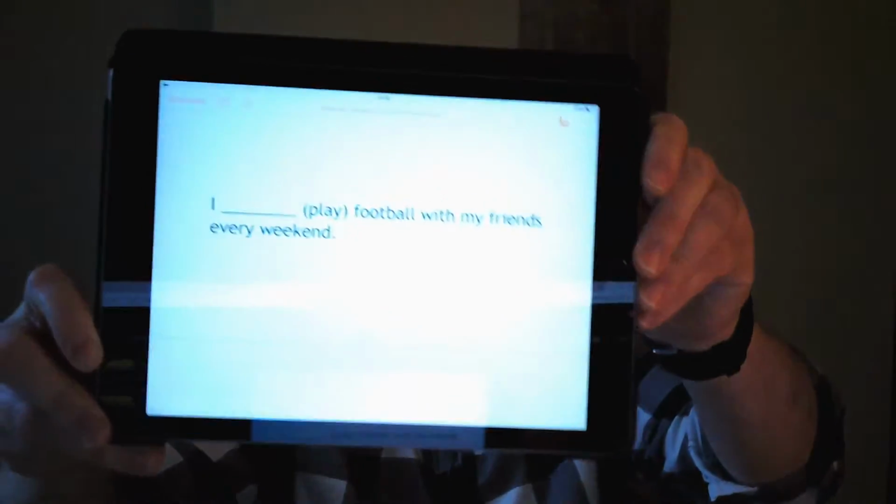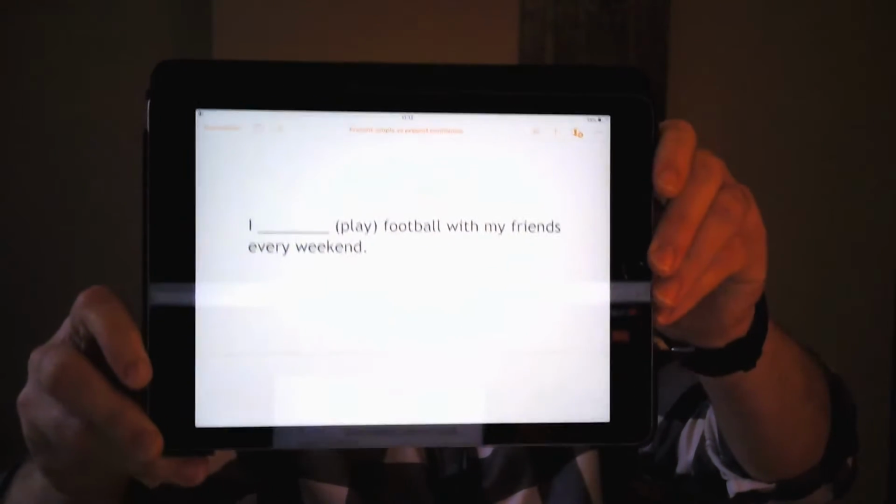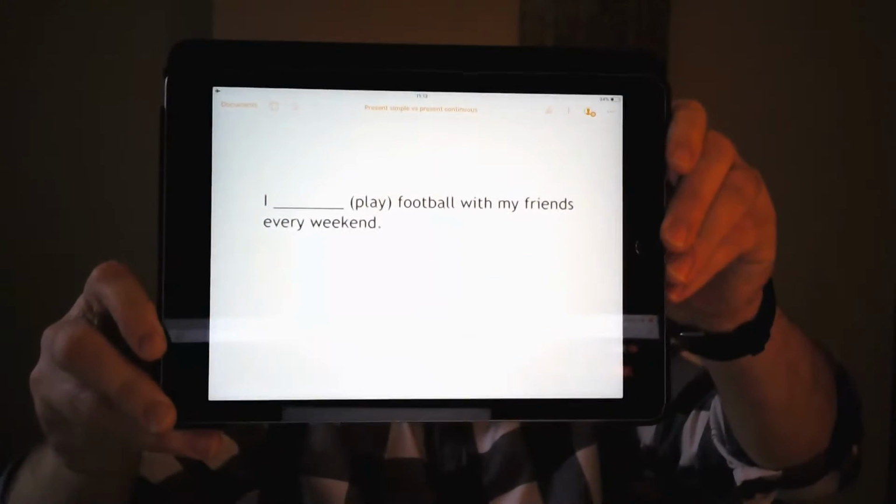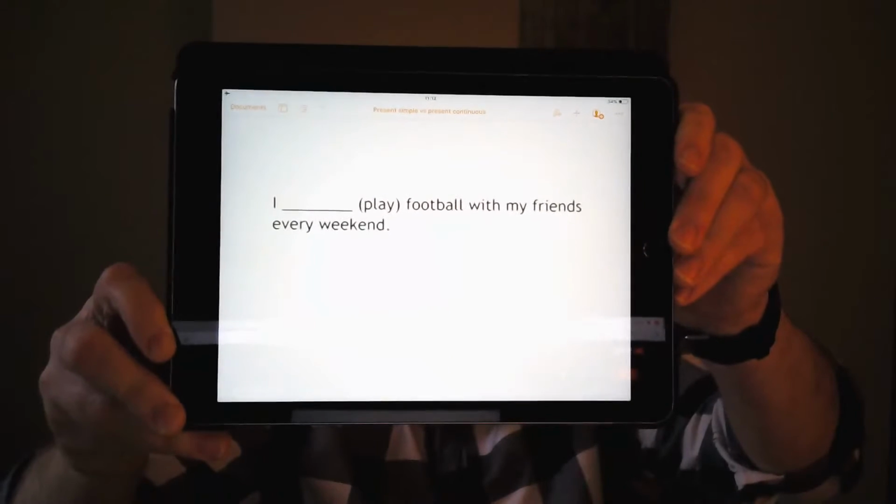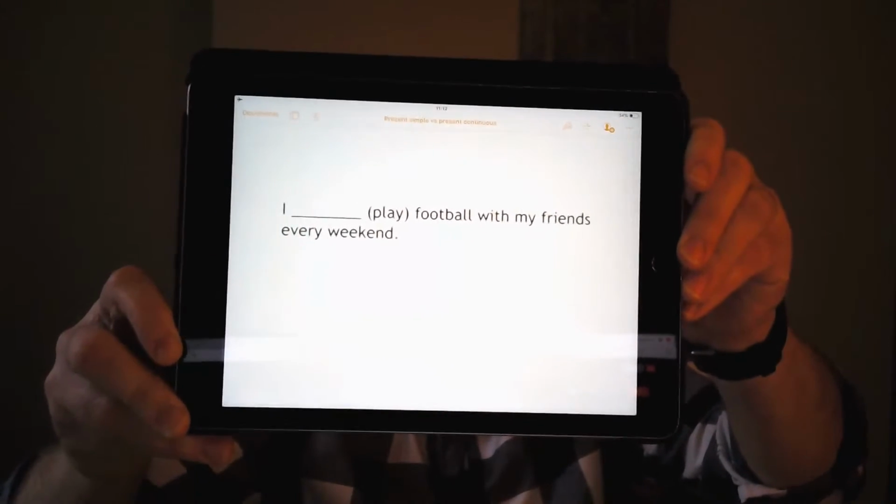Okay. Next sentence. I, space, and the verb is play, football with my friends every weekend. Okay, so if we compare this to the first sentence where we were talking about just now, where is he?